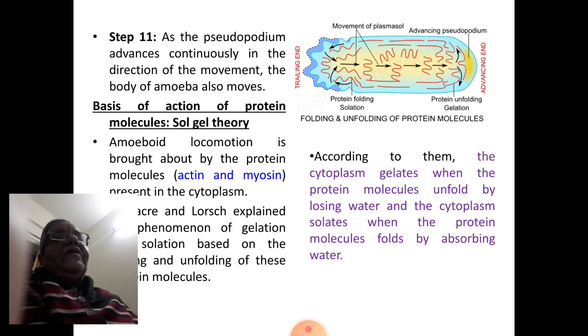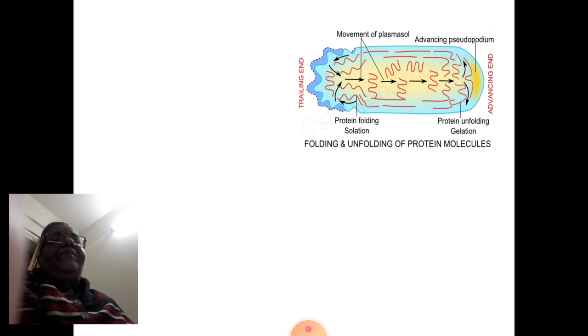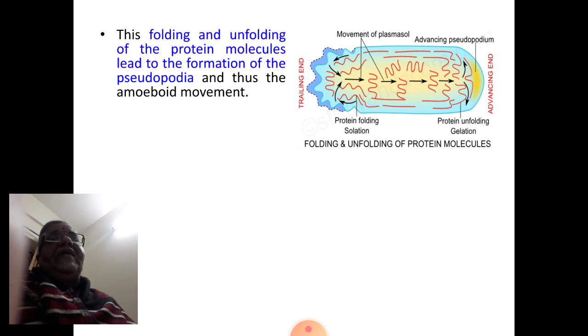So, in the zone of gelation, proteins unfold themselves and release water, and in the zone of solation, proteins fold themselves and absorb water. Hence the proteins in the plasmosol are in folded state and the proteins in the plasma gel are in unfolded state. The same diagram I have put to explain.